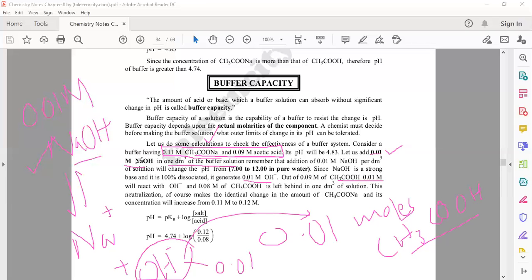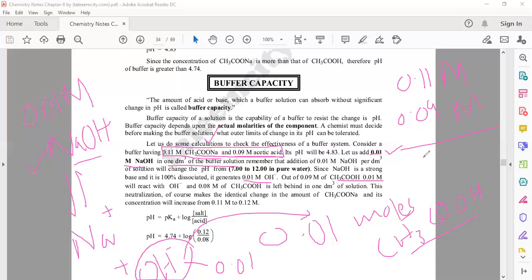Molar is basically moles per dm cube. So 0.11 moles of salt and 0.09 moles of acetic acid.